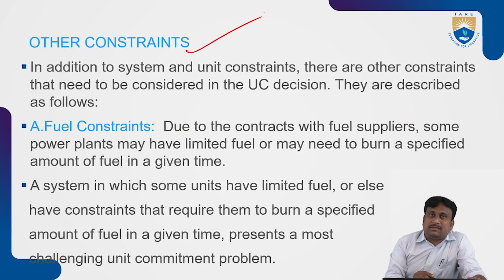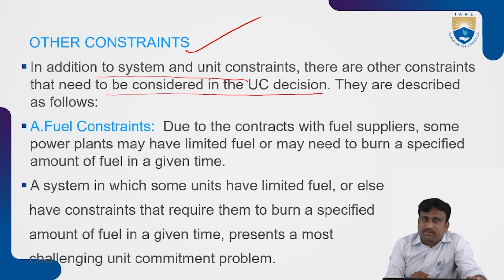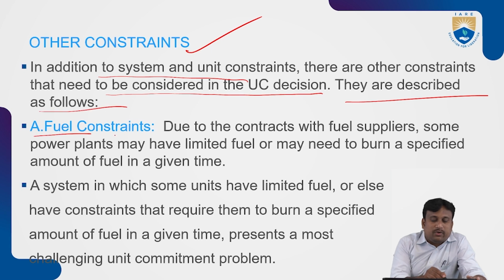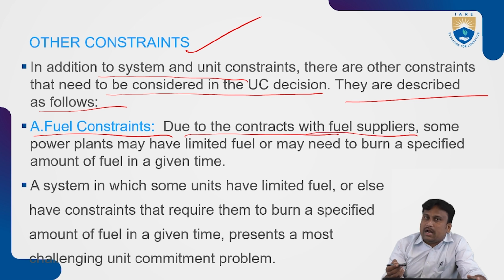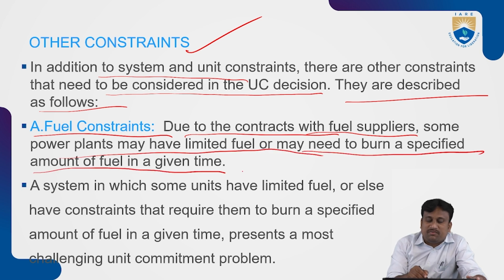The other constraints present in unit commitment, in addition to the system and unit constraints, need to be considered in the UC decision. Here they are described as fuel constraints. What do fuel constraints mean? Due to contracts with the fuel suppliers, they may not be able to supply within the given period, so some power plants may have limited fuel, or may need to burn a specified amount of fuel in a given period of time.